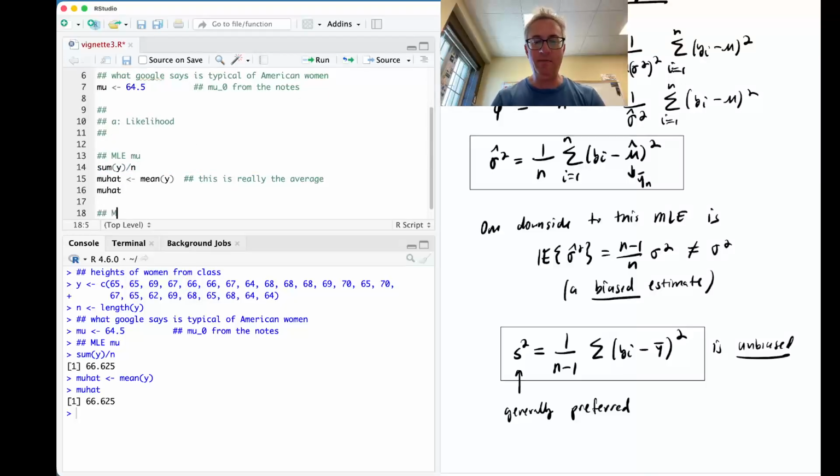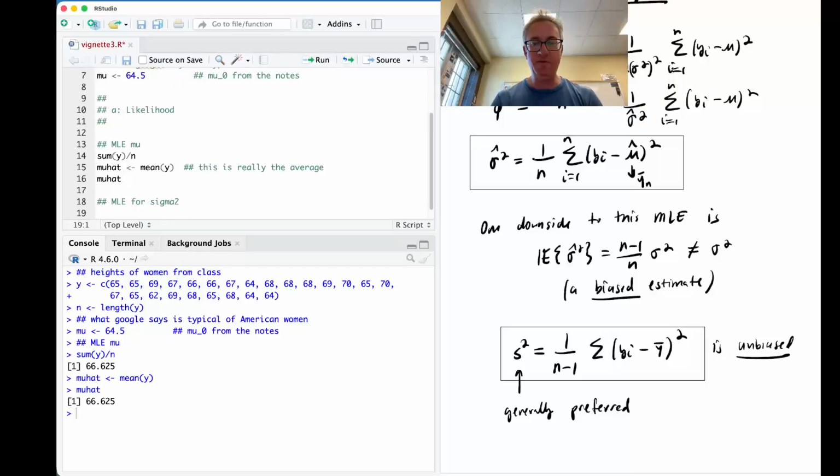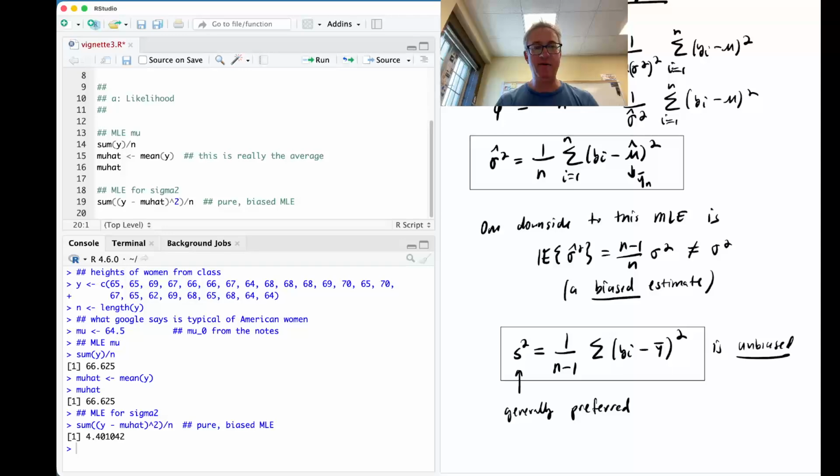Okay, what about the MLE for sigma squared? That is going to be the sum of the y values minus my estimate, squared, divided by n. So this is the pure MLE, but it's biased. Right? That's that value.